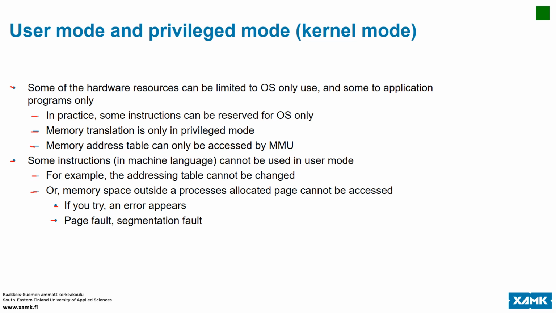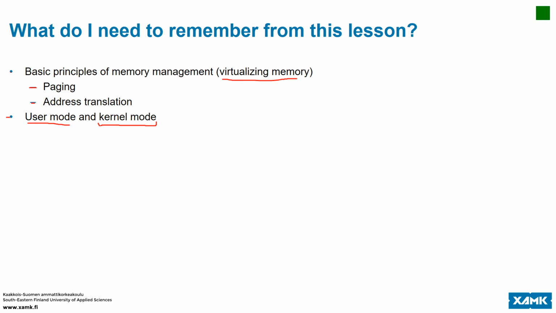And lastly, what were the key concepts discussed in this lecture video? So we talked about the basic principles of memory management, so basically the concept of virtualizing memory. And that virtualization is provided by 2 mechanisms, paging and address translation.